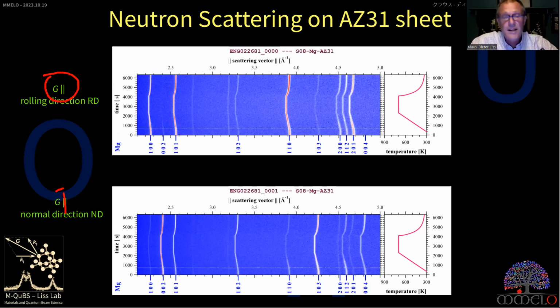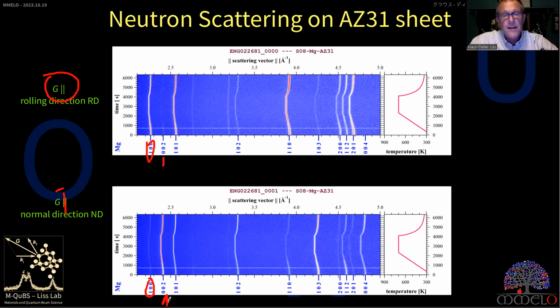And we see already, basically all the lines are there in both of the detectors. However, there's some difference. For example, here, the 100 reflection of magnesium is very strong along the rolling direction, while it's very weak along the normal direction, and vice versa for the 002 reflection, so for the basal plane reflection. And this is because of texture.